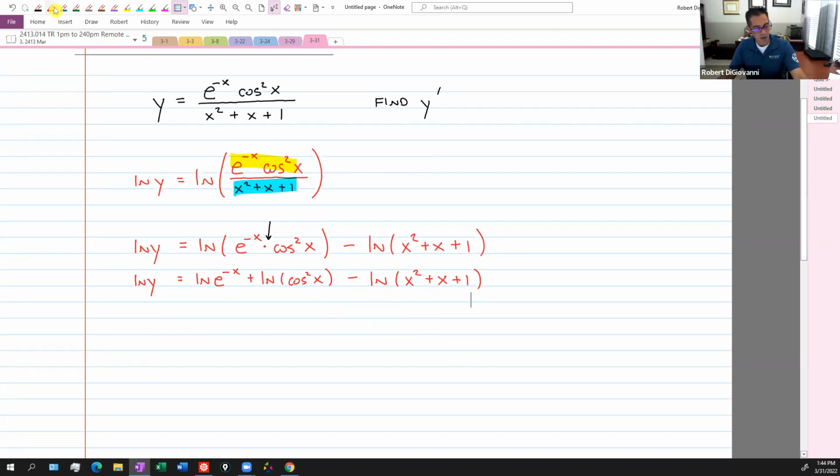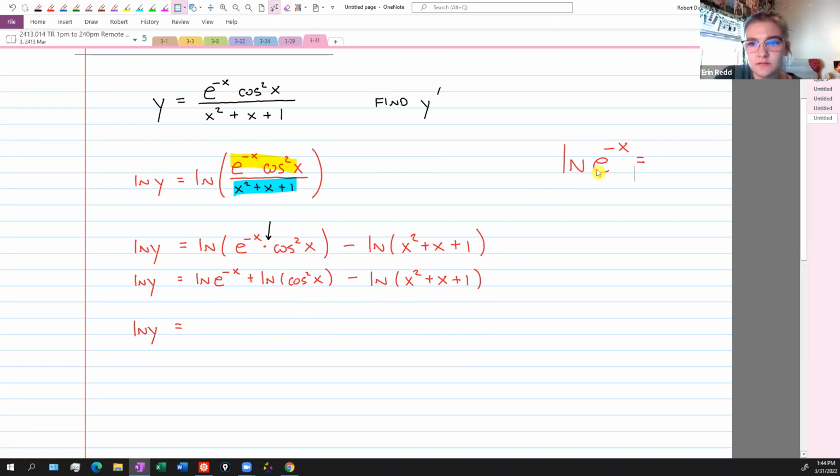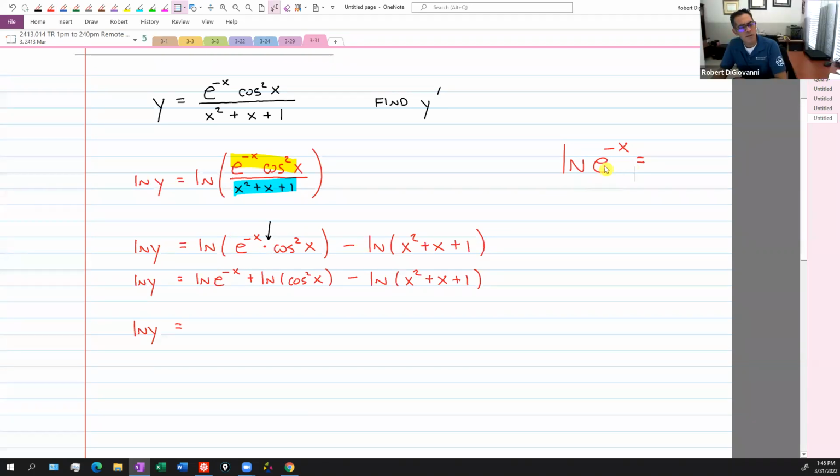Ooh, there's something subtle. Before we do anything else, there's something subtle here on this first one. Natural log of e to the negative x. What is that equal to? There's a property here.